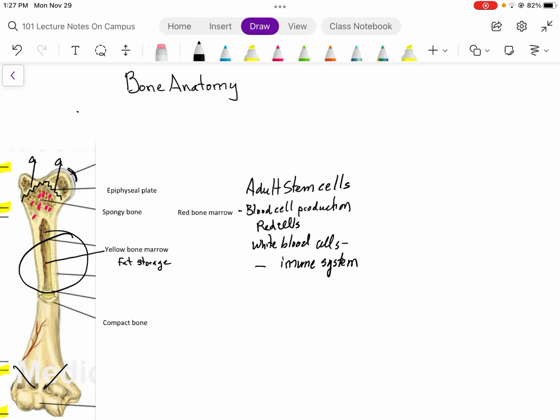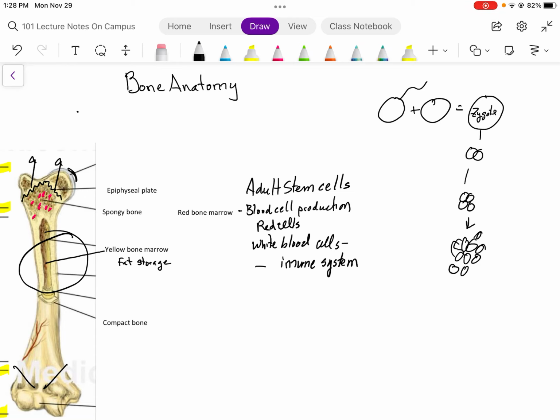So, for example, when an organism begins, we take the egg and the sperm and add them together, and that equals this cell called the zygote. The zygote then divides to 2, and then it divides to 4, and then it divides to lots of cells to make an individual. All these would be considered stem cells, but they're not adult cells yet because they're embryonic.